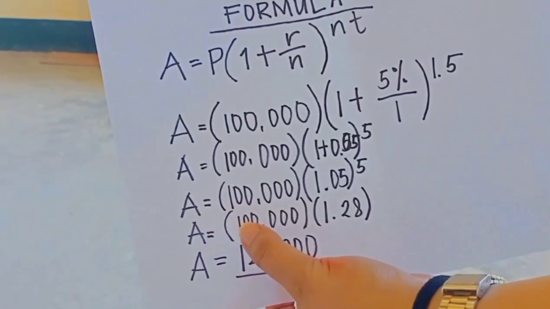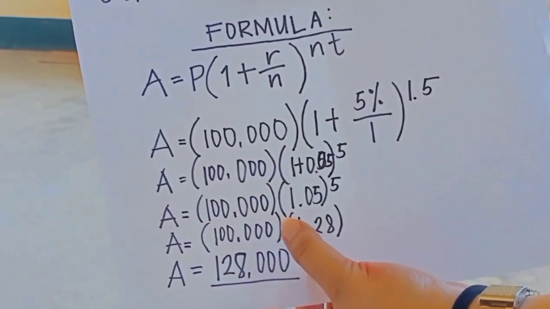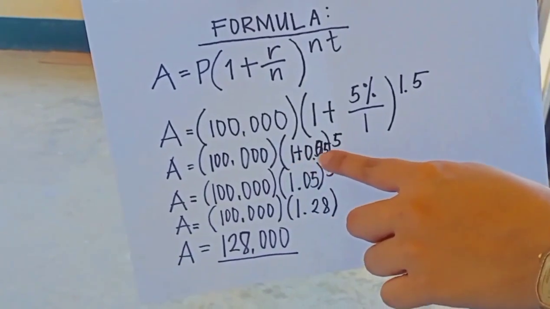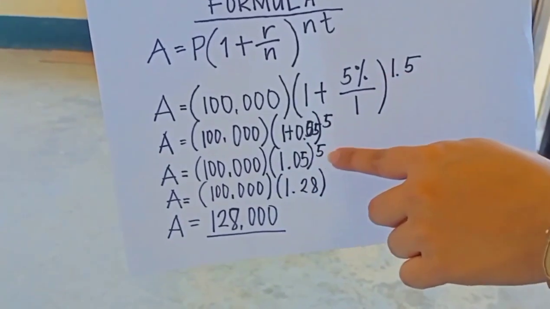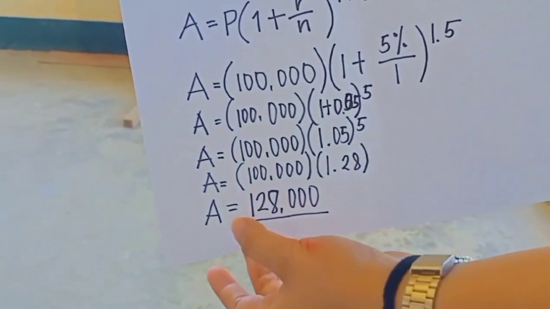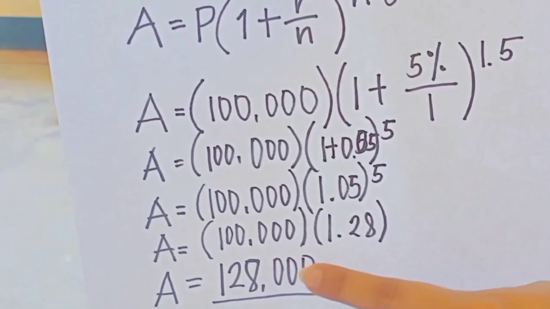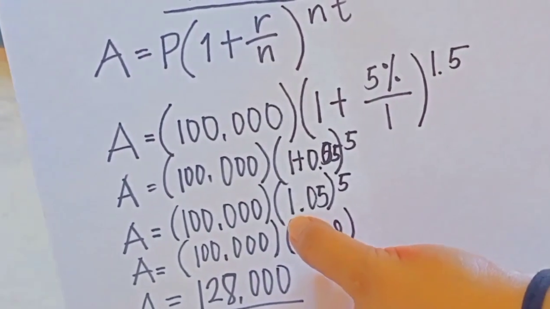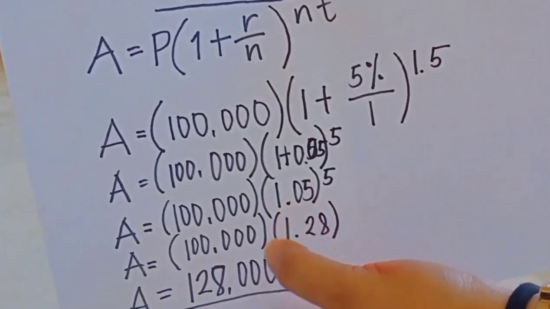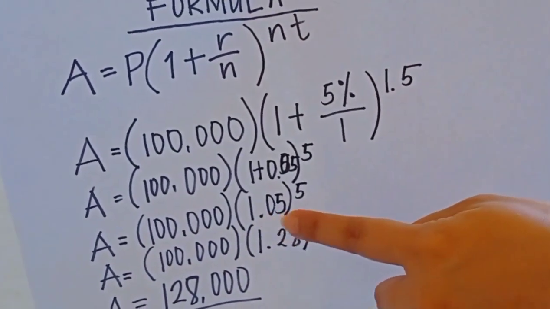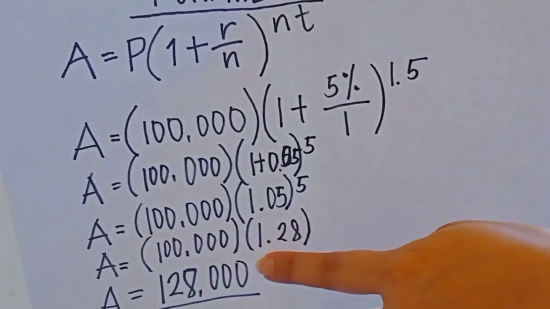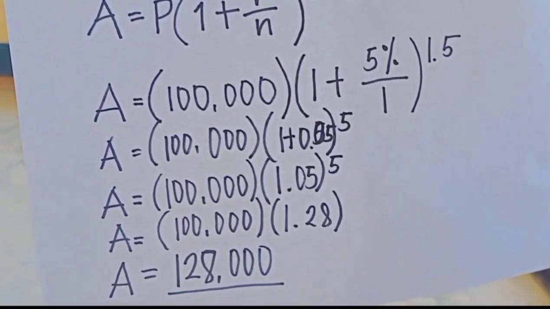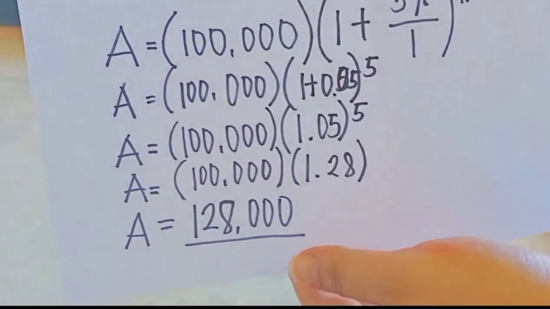A equals 100,000 times 1.05, since we added 1 plus 0.05, and we copy the time period. 100,000 times 1.28, which is 1.05 multiplied 5 times. So we get 1.28. And the total accrued amount for 5 years is 128,000.